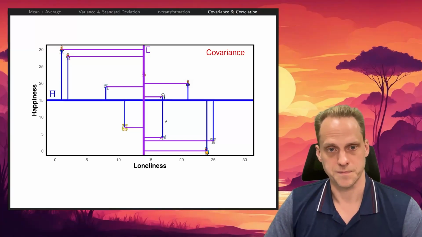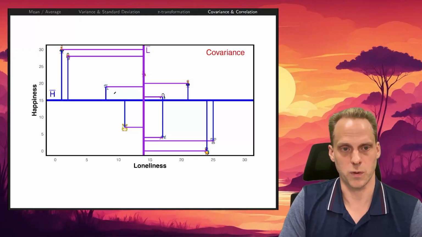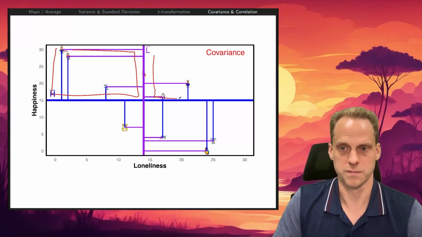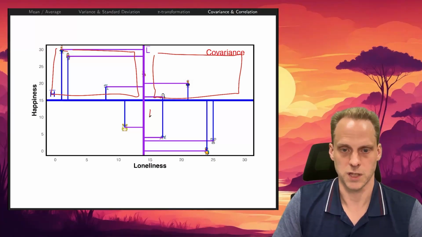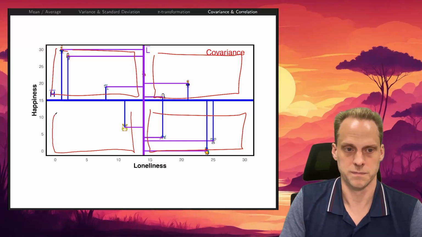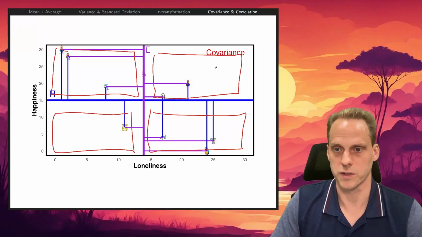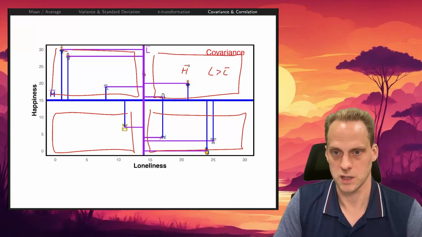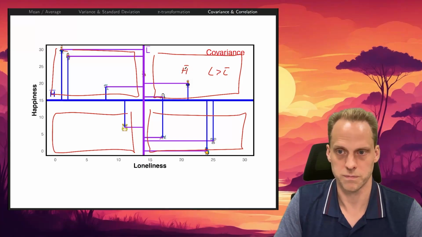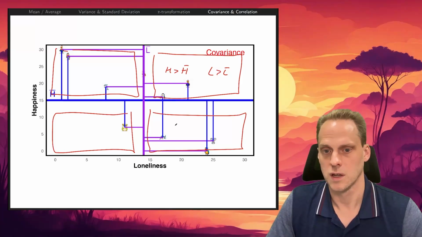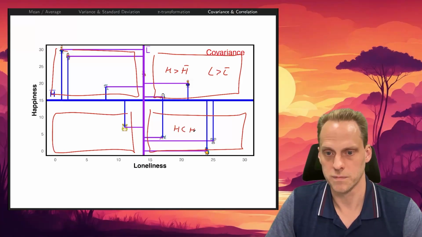Now what you see here is that we have these 4 quadrants. In this quadrant, loneliness is above its mean, and happiness is above its mean. In this quadrant, happiness is below the mean, but loneliness is above the mean.